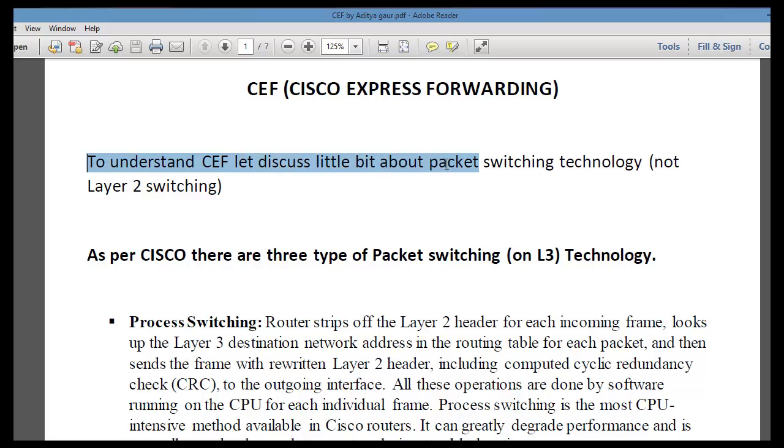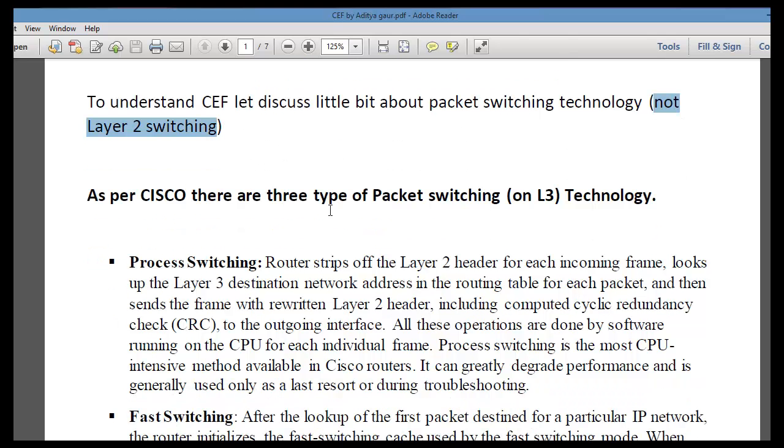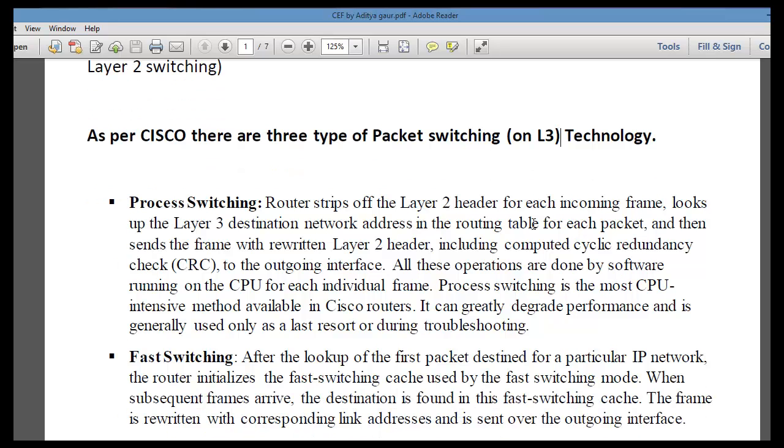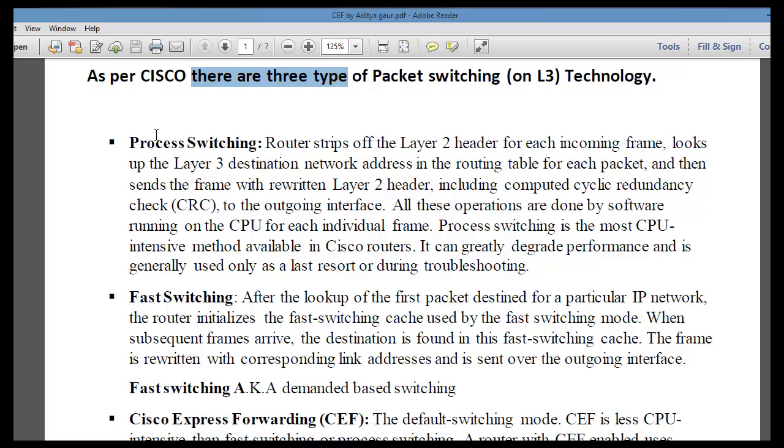To understand CEF, let's discuss a little bit about packet switching technology. Make sure this is not layer 2 switching. We are talking about layer 3. So layer 3 could be a router or a layer 3 switch. There are three ways using which your packet is forwarded by a layer 3 device, maybe a router or a switch.